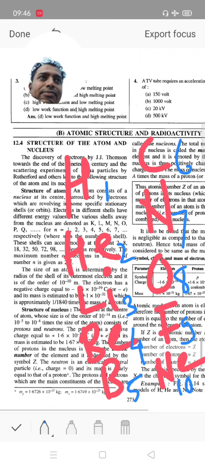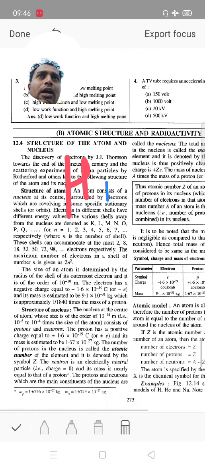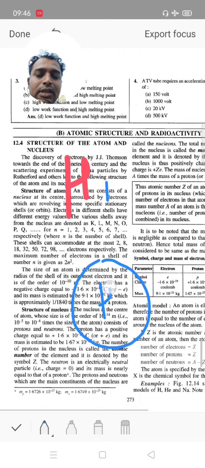In hydrogen, atomic number 1 and mass number 1. Suppose this is the nucleus of hydrogen.